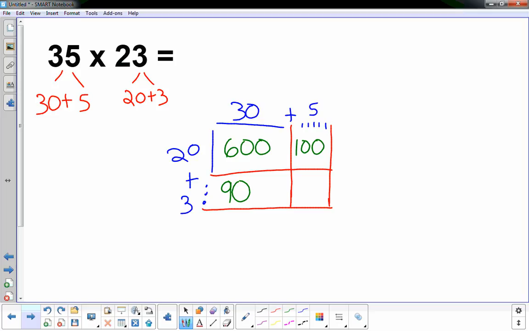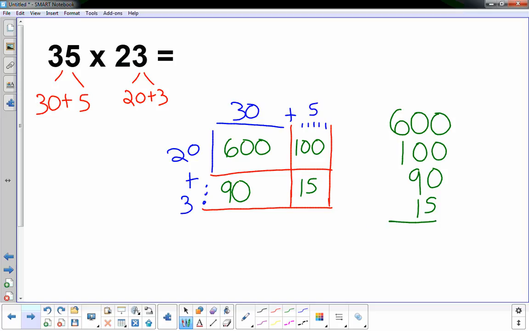And 3 times 5 is 15 in the lower right-hand corner. I'm going to add these partial products over here. Again, I'm going to go kind of quickly because these are things we should know how to do. And hopefully, if I did my math right, my answer is 805.